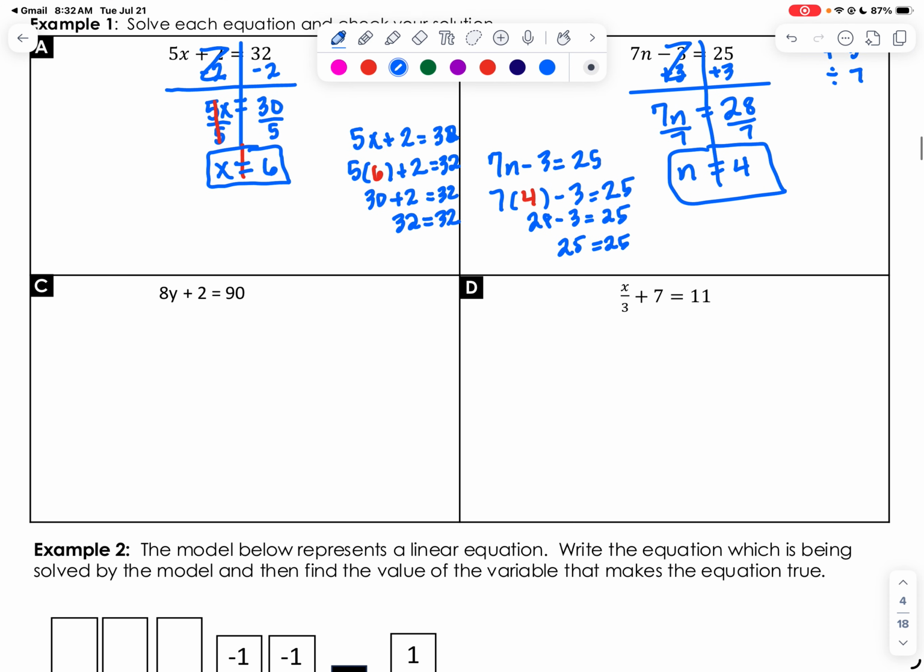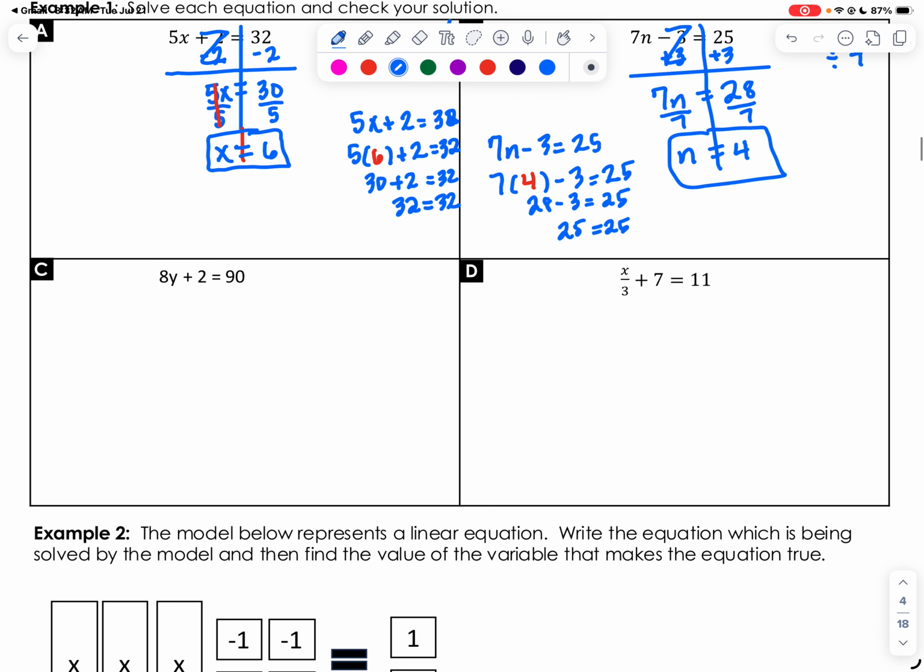All right, problem C, we have 8y plus 2 is equal to 90. So let's talk about what operations are being performed on y. They're multiplying the y by 8, then they're adding 2. So the opposite in the reverse order would be subtract 2, divide by 8. So let's try that.